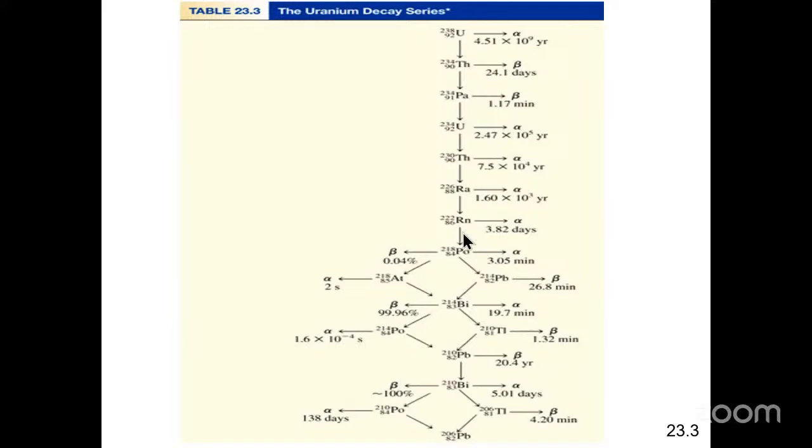So uranium-238 will undergo a series of decays to form different products. And there are some numbers that you see here, which represent half-lives. We're going to talk about the kinetics of radioactive decay later on, all right?